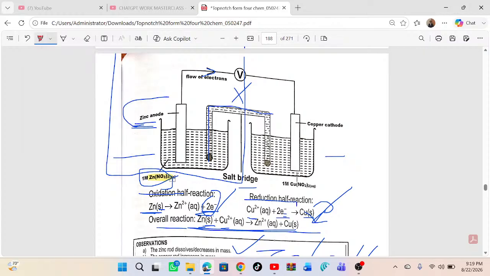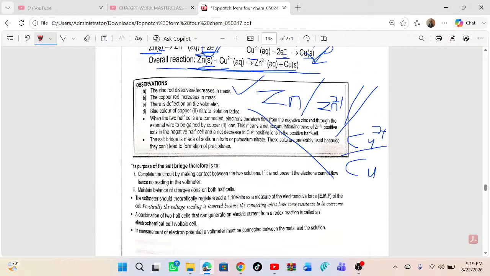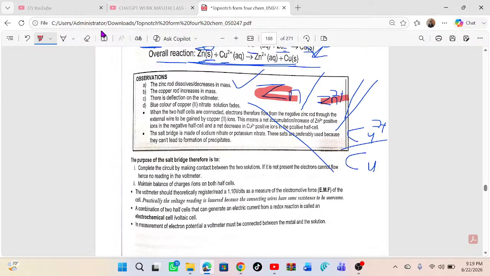So you start here, that is you write zinc, then write the zinc ion, then go like this until you write the copper ion, then write the copper solid. But always start with the one that is high in the reactivity series, then after that you go to this ion, then the salt bridge.